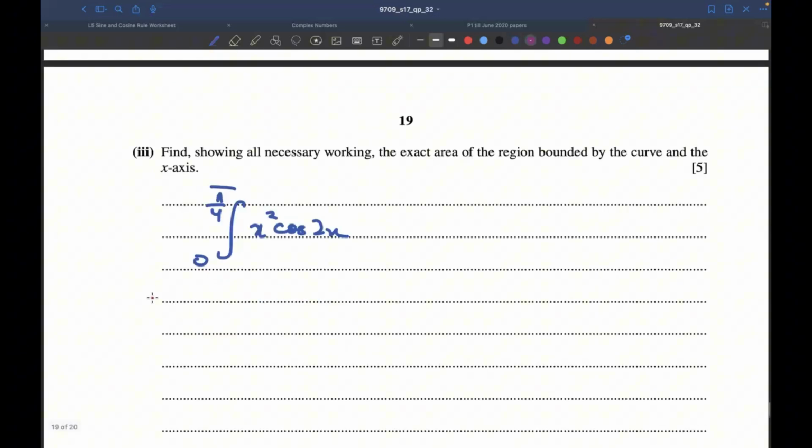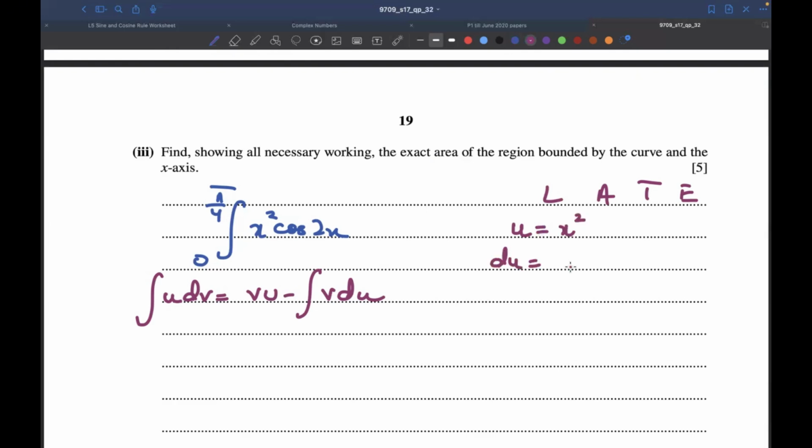And we know that the formula for integration by parts, integral of u dv, is vu minus integral of v du. So we'll apply the LATE formula over here where we have algebraic and trigonometric terms. So the algebraic term will be taken as u, which is equal to x square. So du will become 2x. dv will be taken as cos of 2x.